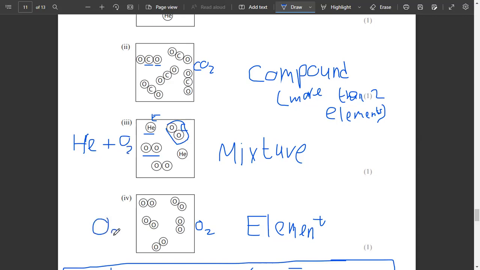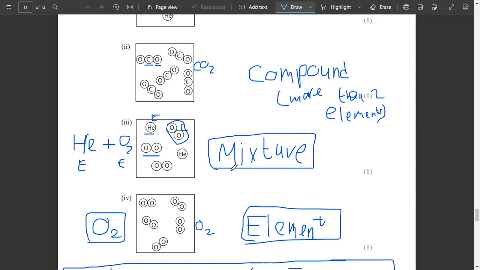Over here, we only have oxygen. When we only have oxygen, that is an element, a diatomic element itself. We'll be covering this chapter, it would be pretty much clear. Here, one of these was an element and one of these is also an element. When you have a mixture of an element and a compound, they then make up a mixture. Got it?